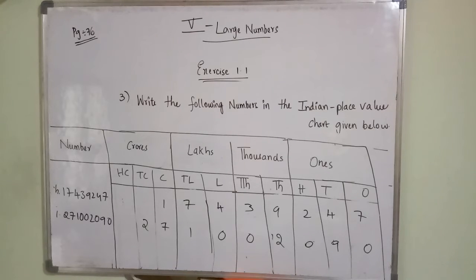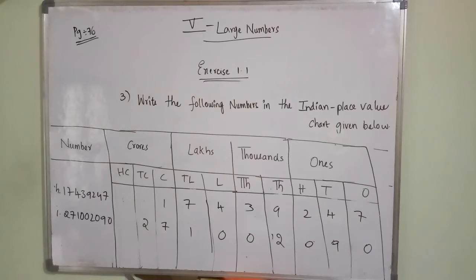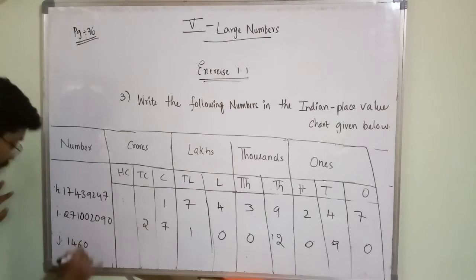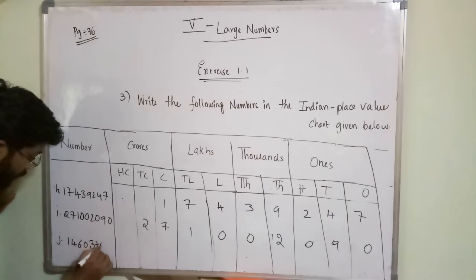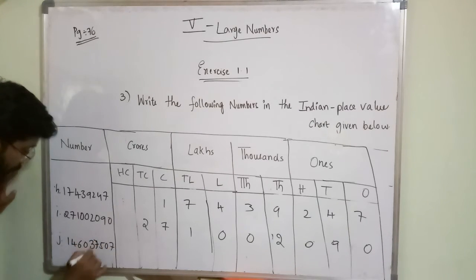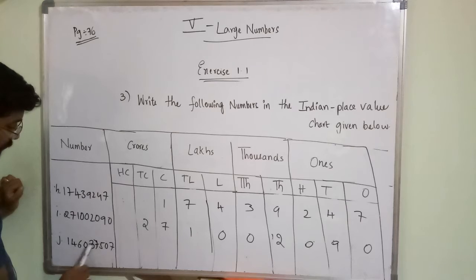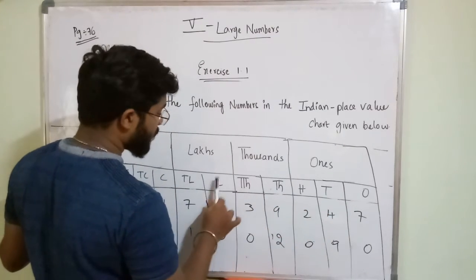Clear? So next one, last number, it is 1460 37507. So how many digits are there? 1 2 3 4 5 6 7 8 9.